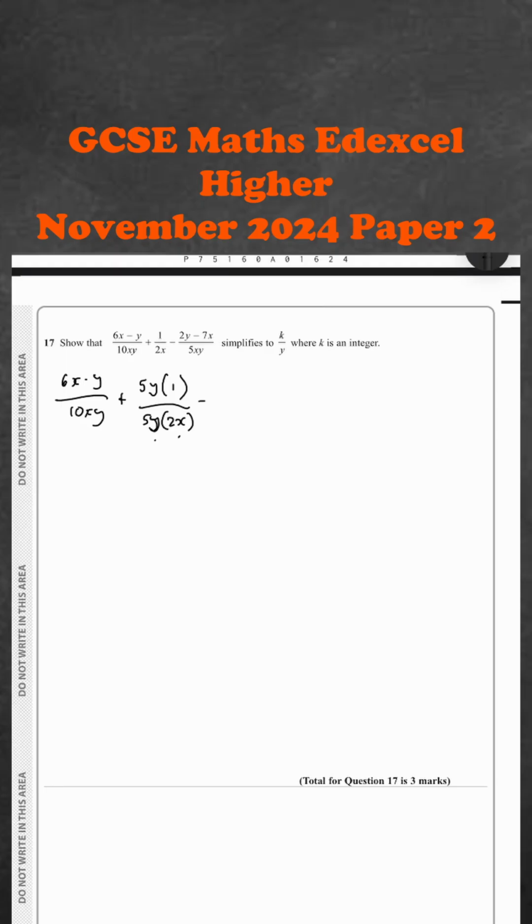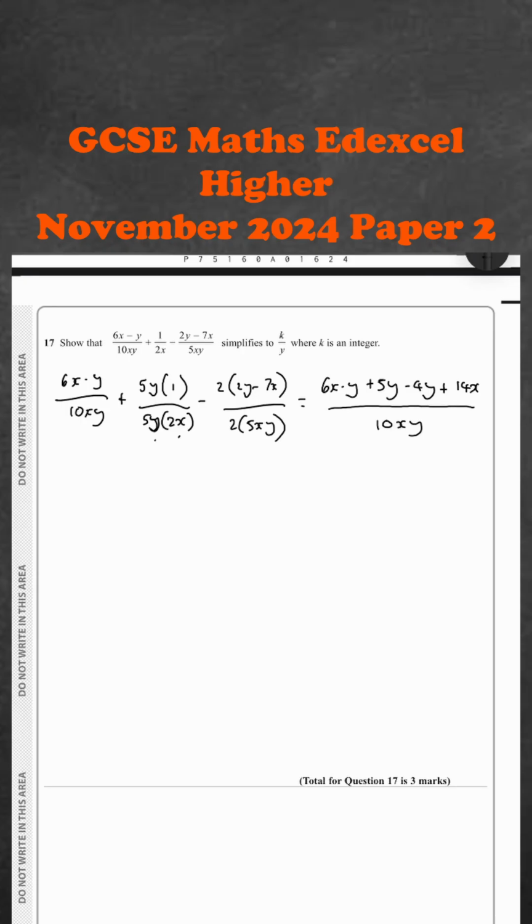And then this one, 5xy already on the bottom, so we just have to times the top and the bottom by 2. 2 lots of 5xy. So we can now write this as 6x minus y plus 5y minus 4y plus 14x all over 10xy.